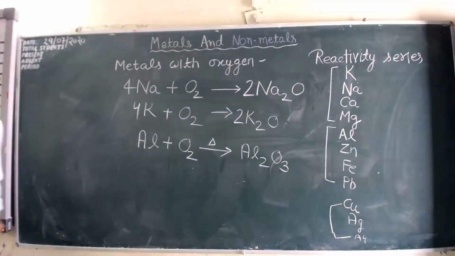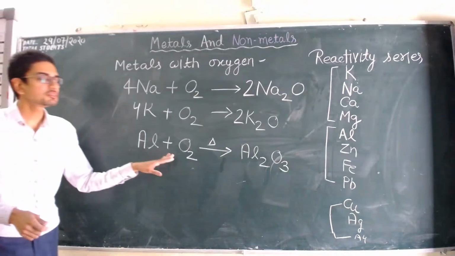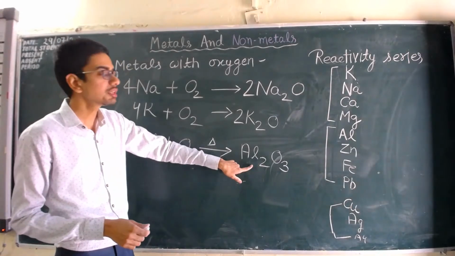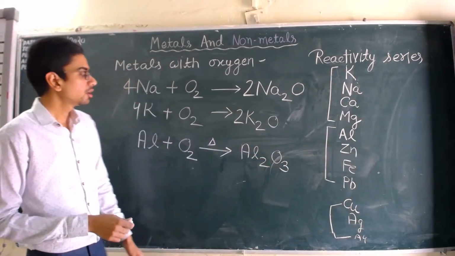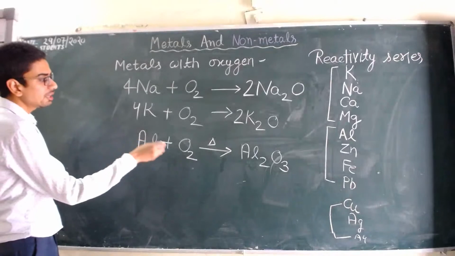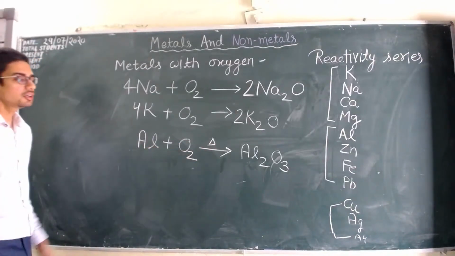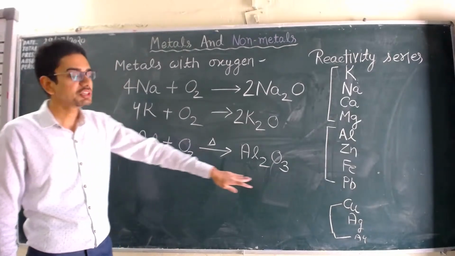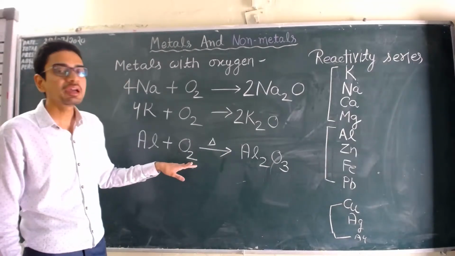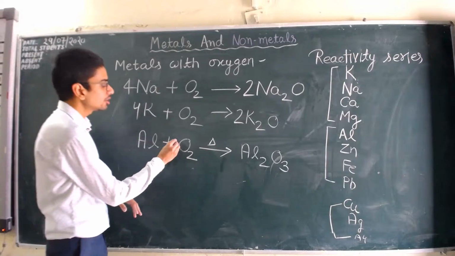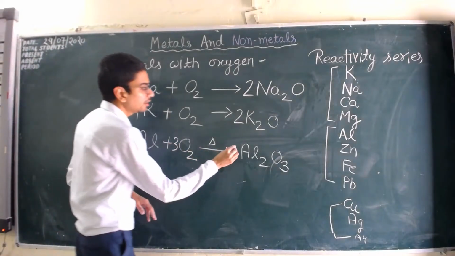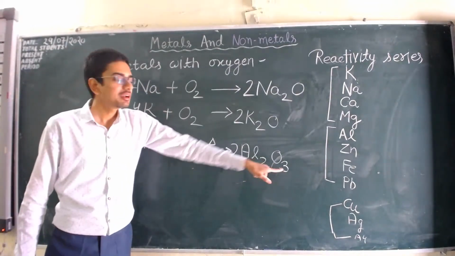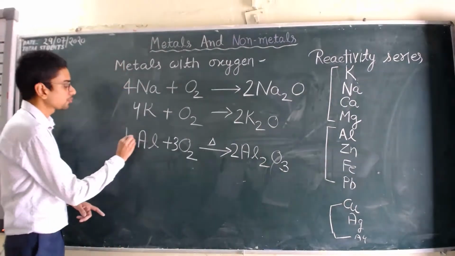Aluminium reacts with oxygen to form aluminium oxide. Formula of aluminium oxide is Al2O3. You can balance this reaction. Oxygen is 3, here 2. So we have to make their LCM, which is 6. We have to make oxygen 6 on both sides. So 3O2 and 2Al2O3. Now oxygen is 6 on both sides and aluminium is 4.